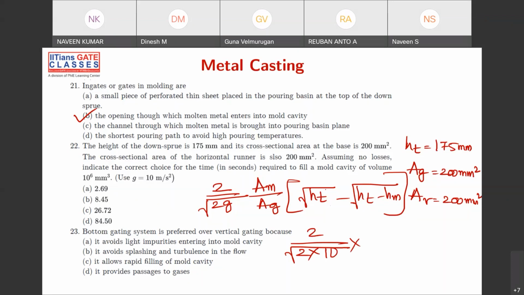What is the area of mold? Okay, area of mold is not given. So what is given? Volume is given. So HT is not equal to HM, that also is not given. Then let's take top gating and do this answer.